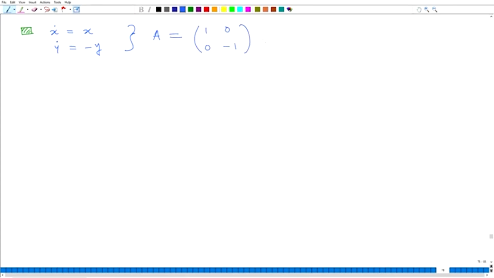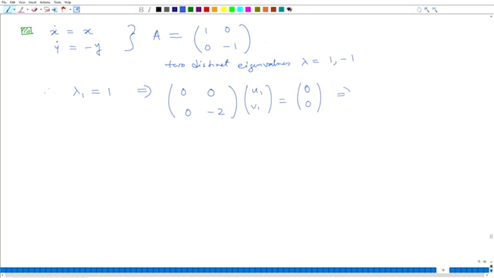So, you have two distinct eigenvalues, and since this is in diagonal form, the eigenvalues are themselves apparent over there. Lambda is equal to 1, −1. So, for lambda 1 equal to 1, we can have (0, 0; 0, −2) times (u1, v1) is equal to (0, 0), from which you can show that v1 will be equal to 0.